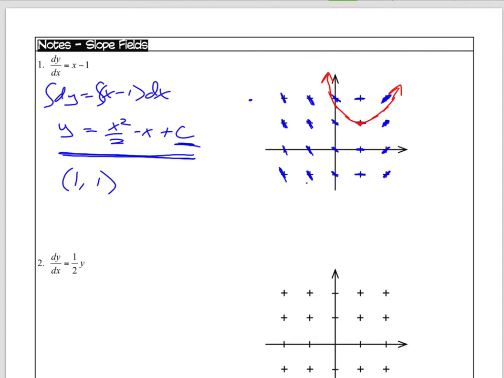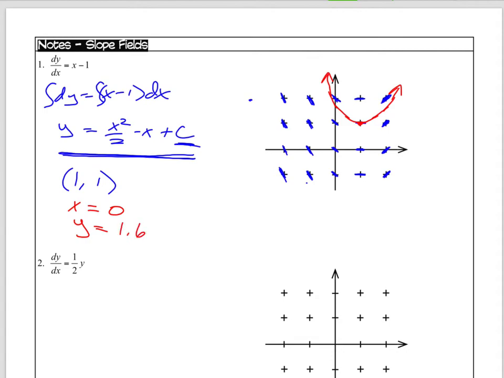So they might say, sketch it and then give me an estimate. If x equals 0, what does y equal? So what's the estimate for what y equals if x equals 0 and it goes through the point 1, 1? About 1.6, 1.7.